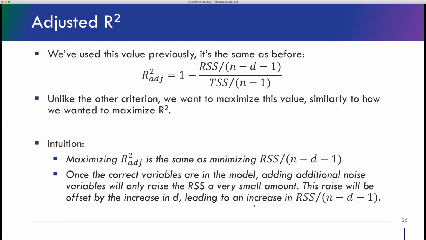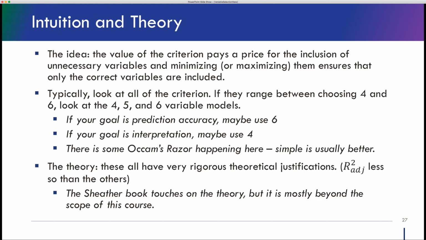And that would lead to an increase in this RSS over n minus d minus 1. Okay, so this is the intuition behind this ratio. Why we like the trade-off? How does the trade-off happen? Okay, that's the adjusted R-square.